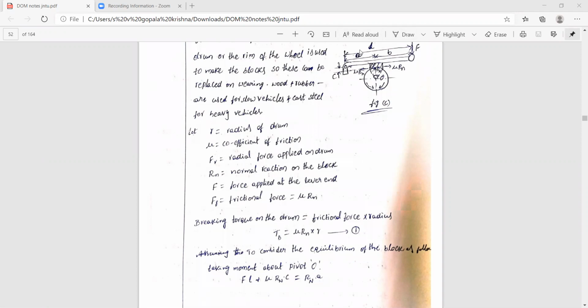Then mu Rn acts in its direction, so mu Rn into c, where c is the perpendicular distance from mu Rn to the pivot. That equals Rn into a, where small a is the perpendicular distance of Rn.